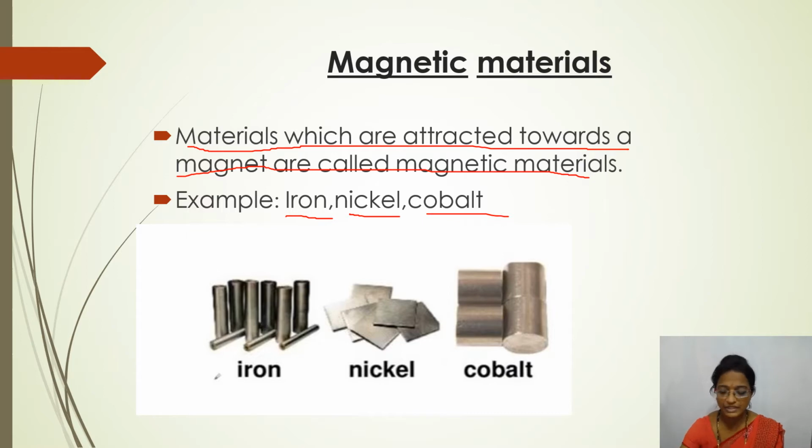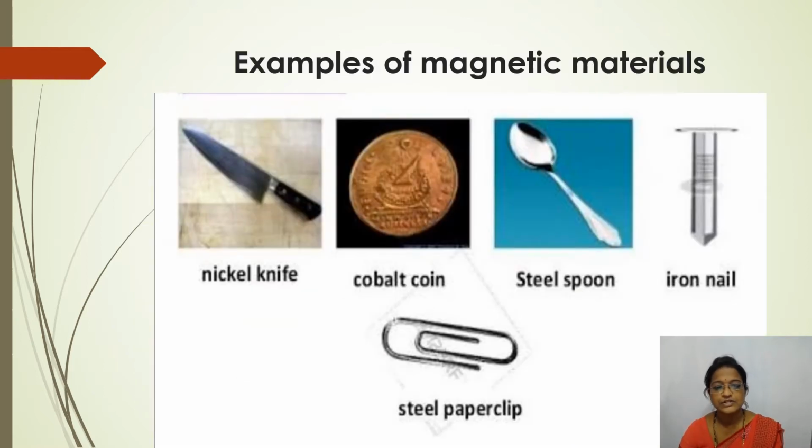We can see lots of examples here. Here is a knife, which is a magnetic material, isn't it? Coin, spoon, nail, paperclip. These are the examples of magnetic materials.